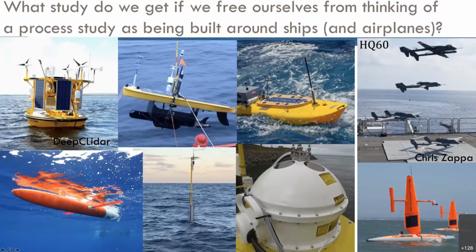On the right here are UAVs, unmanned aerial vehicles from Chris Zappa's group, which have multiple types of payloads. They're deployed from ships. They have a drone-deployed micro drifter, which does atmospheric profiles, hits the ocean and becomes a drifter. There is also the direct calculation of turbulent fluxes within the boundary layer through eddy covariance. Anyway, lots of new types of observations.